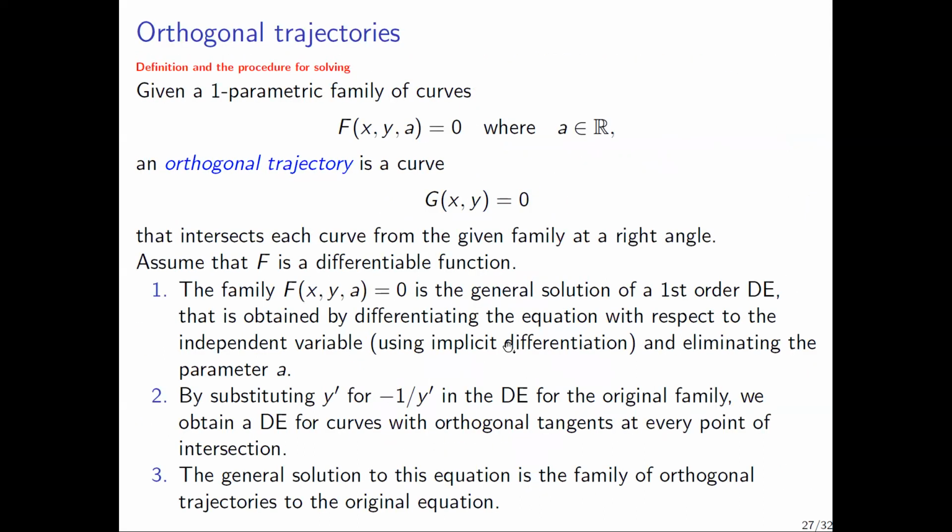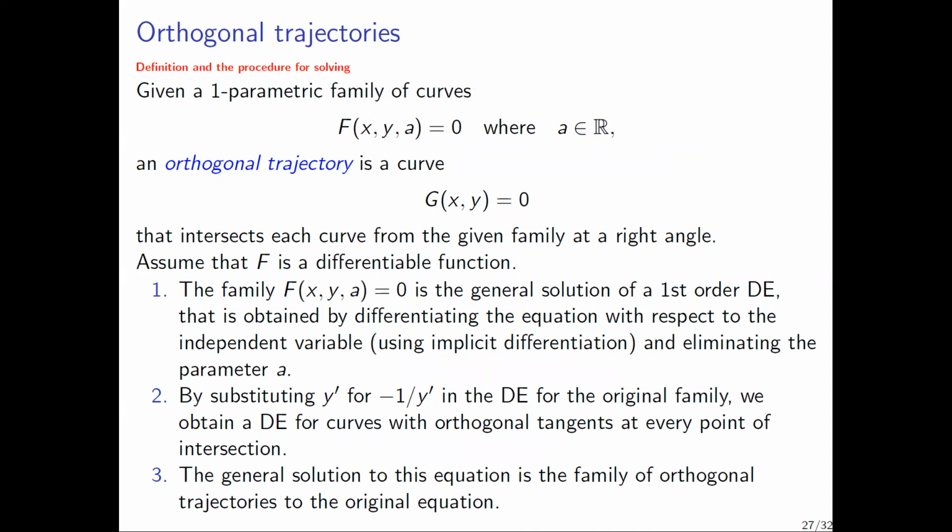So how to obtain the family of orthogonal curves? We can get rid of this parameter a from the equation determining our initial family. We did this last time: we just differentiate the initial equation with respect to x, so with respect to the independent variable, and express a if it's possible to do it.